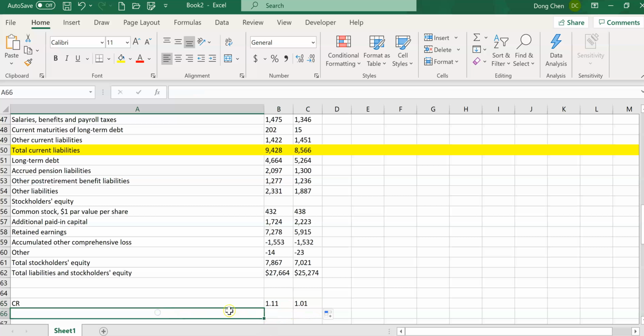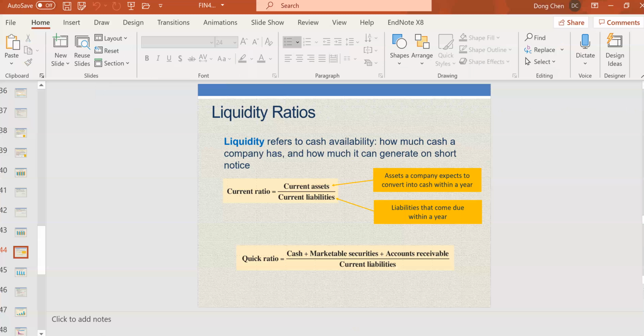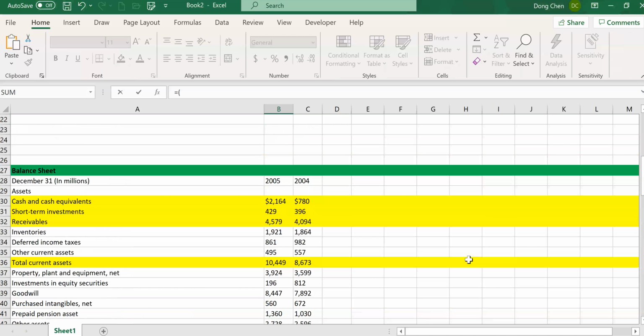the other year. And quick ratio, as we said, go back to my lecture slides, quick ratio is cash plus marketable securities plus accounts receivable divided by current liabilities. So go back to my Excel sheet. That's going to be cash and cash equivalents plus marketable securities, basically short-term investments, and then plus the accounts receivable.